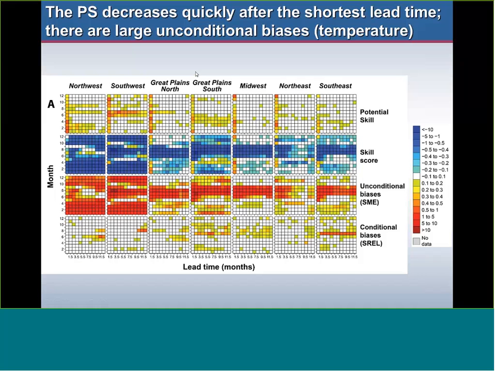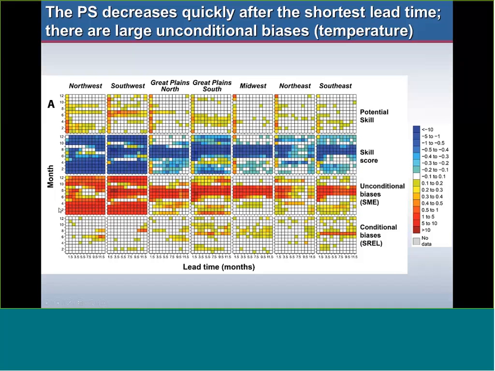No surprises there. Now, the problem is that this correlation coefficient, or the coefficient of determination, is not unbiased, but we have quite a bit of unconditional biases. You can see from the bottom set of panels, which significantly affect the actual skill, the skill score. You see that now it becomes much more negative, and there is room for improvement in a sense.